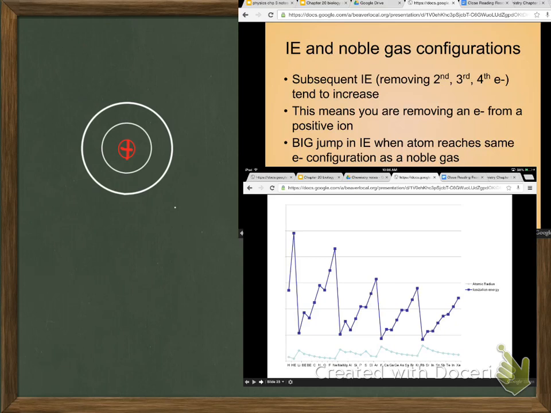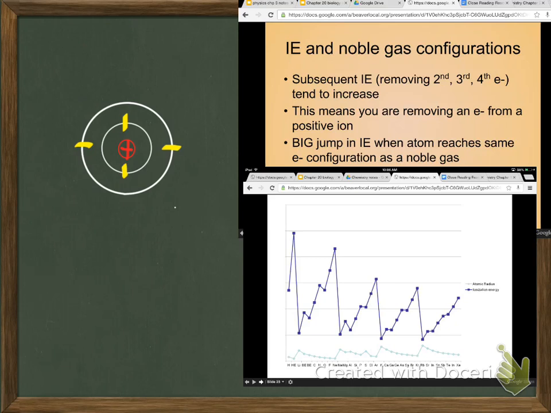Well, let's imagine taking beryllium, shall we? Atomic number 4, 4 electrons, and we're going to just make the electrons little yellow hashes because I'm sick of drawing E's. So we've got 4 electrons. We've got 2 on the 1s, that's full.